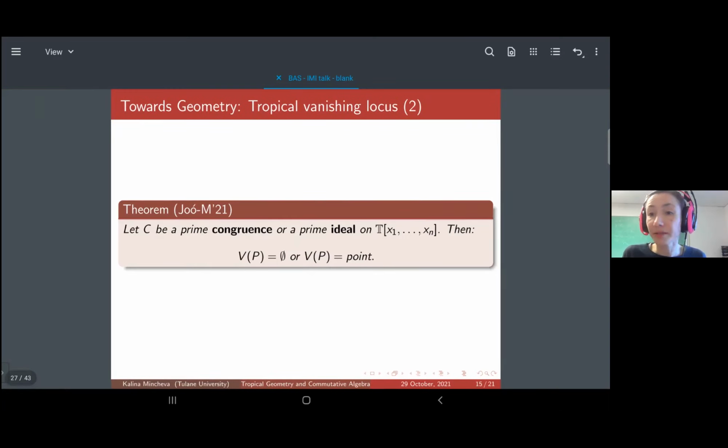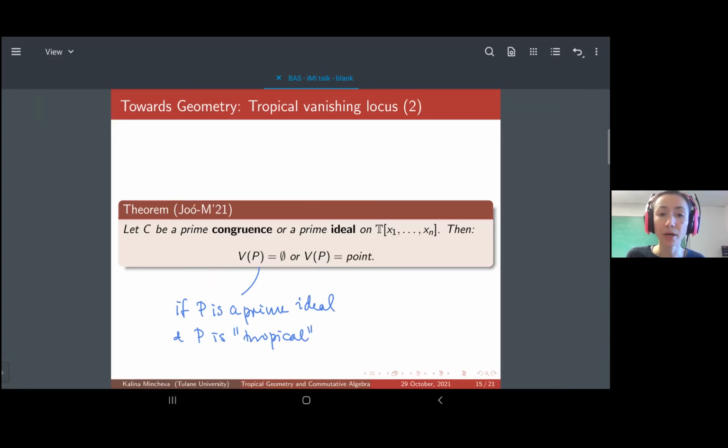Okay, so here's a theorem which says that if I have a prime congruence or a prime ideal in the tropical polynomial semiring, then the variety is either empty or is a point. And in fact, for this part, if P is a prime ideal and P is tropical, which means I'll define it later, but it means that there are some extra properties for this prime ideal that they're combinatorial.